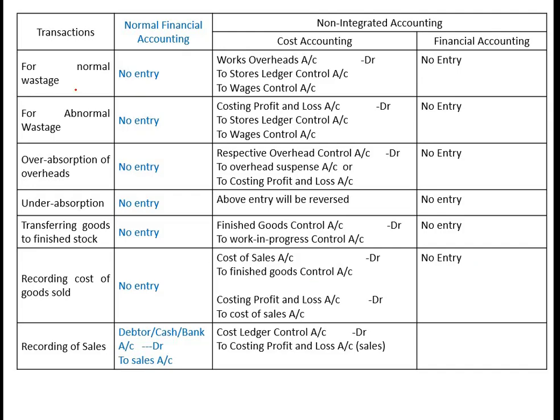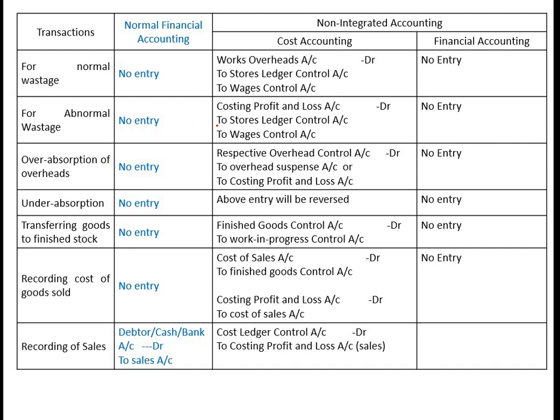So one is now for normal wastage, because where wastage will occur, obviously it will be in factory, so it is works overhead debit to store ledger control account. Regarding normal loss of labor, like idle time, it will be works overhead account debit to wages control account.